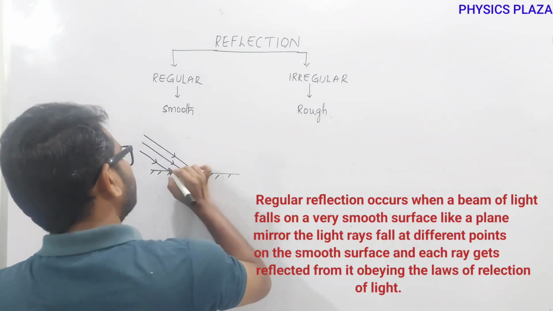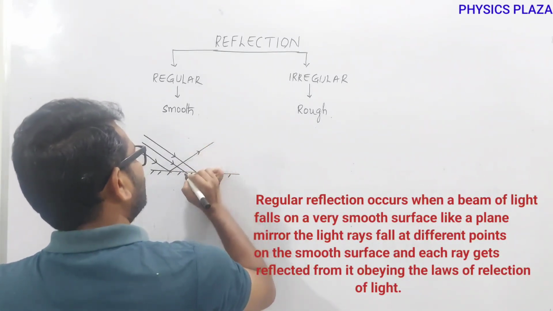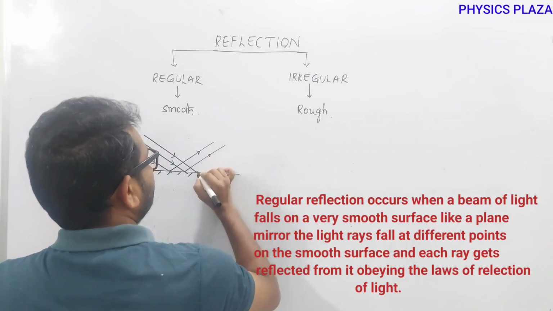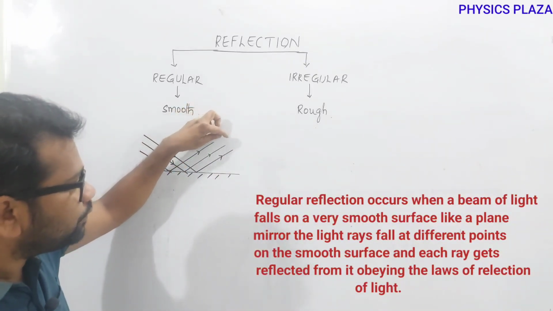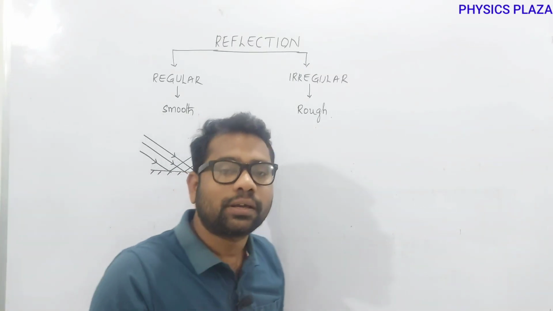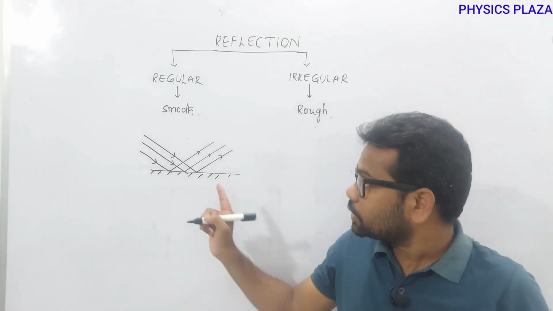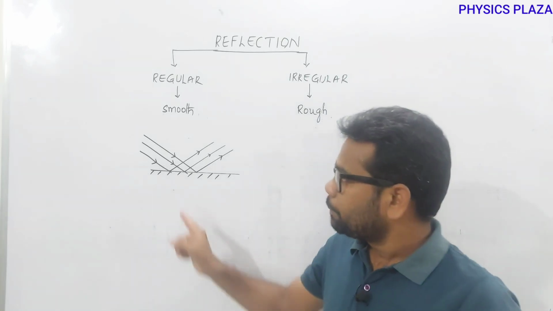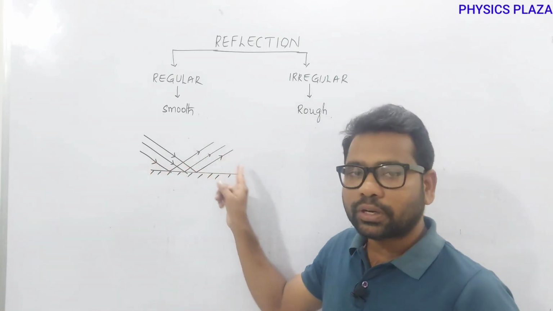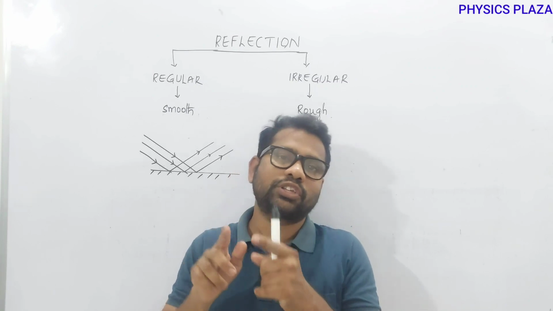Look at here. Even in the reflected beam of light, children, the light rays are parallel to each other. Such a reflection we call a regular reflection, which means before reflection and after reflection, light rays are parallel to each other.